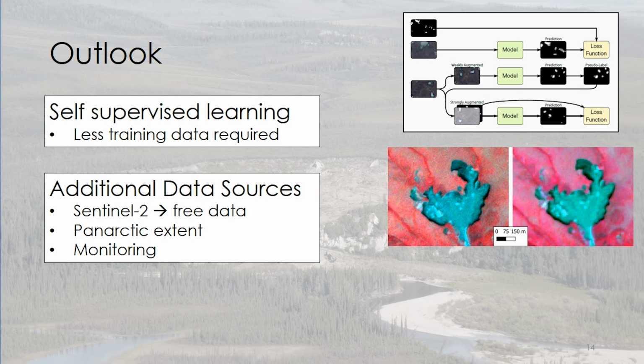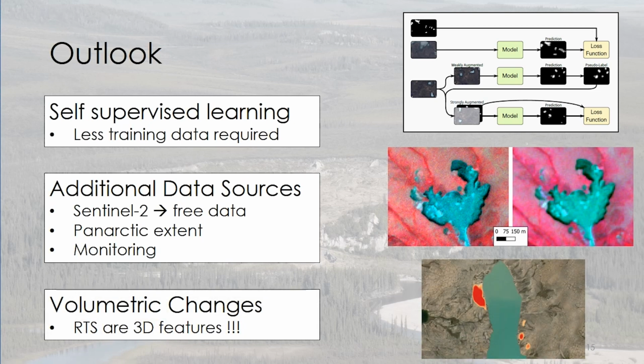On big thaw slumps, the information is rather similar. We can scale it better to a pan-Arctic extent, and we can apply a monitoring approach because the data are freely available. And as a third one, we want to track volumetric changes. Thaw slumps are 3D features, and having that information in the end is very valuable.